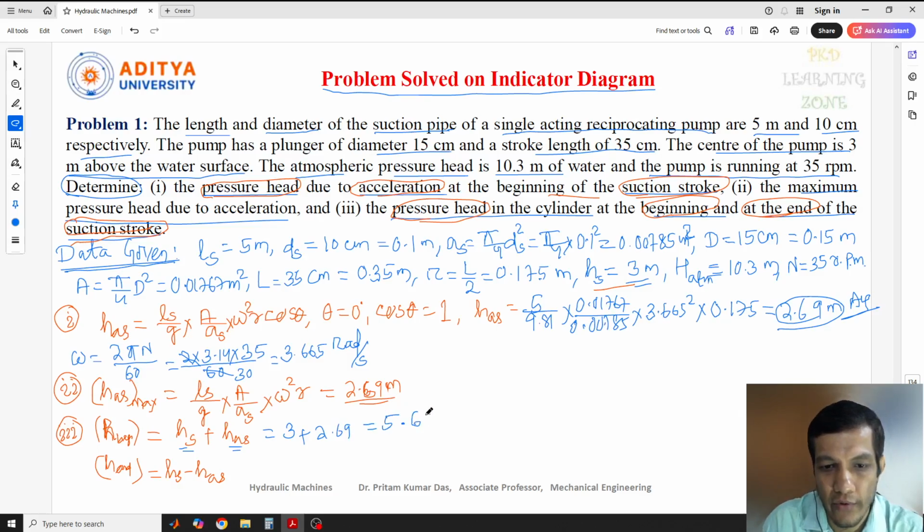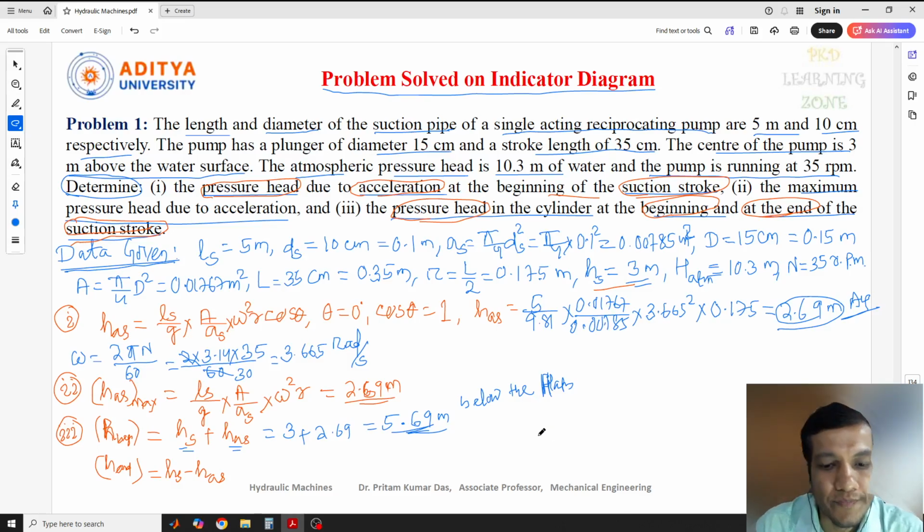So 5.69 meter is the pressure head in the cylinder at the beginning of the suction stroke. This pressure head will be below the atmospheric pressure head.